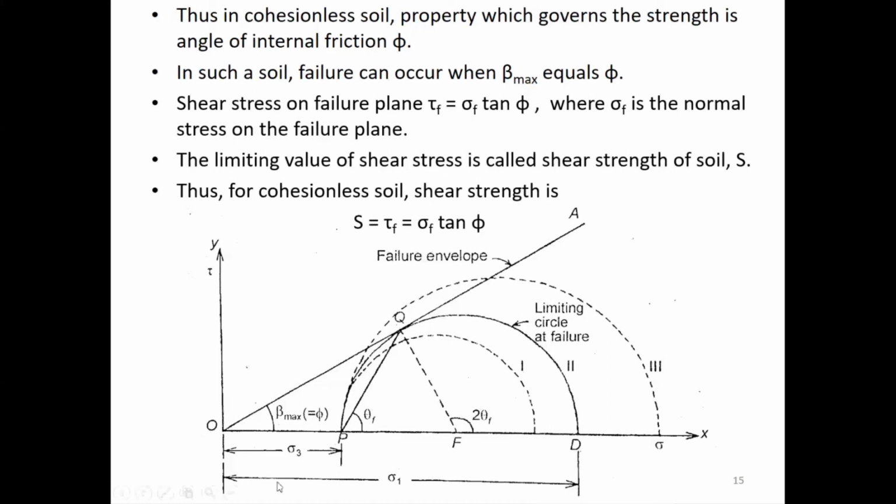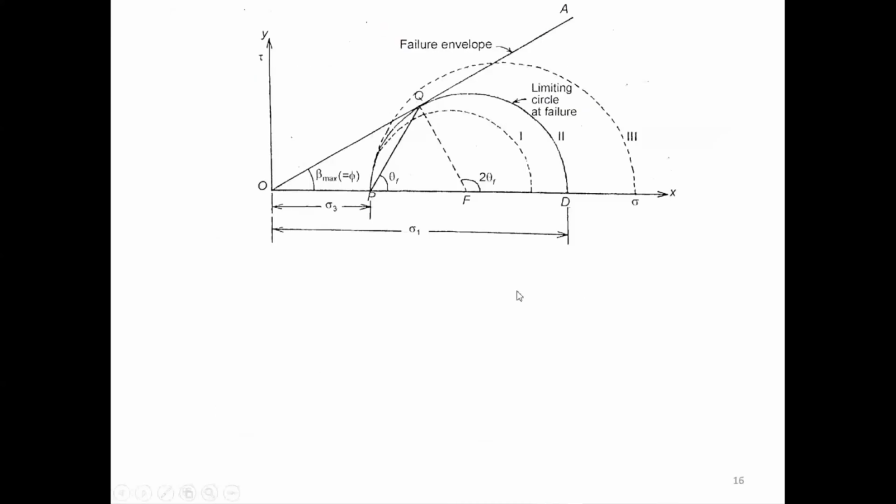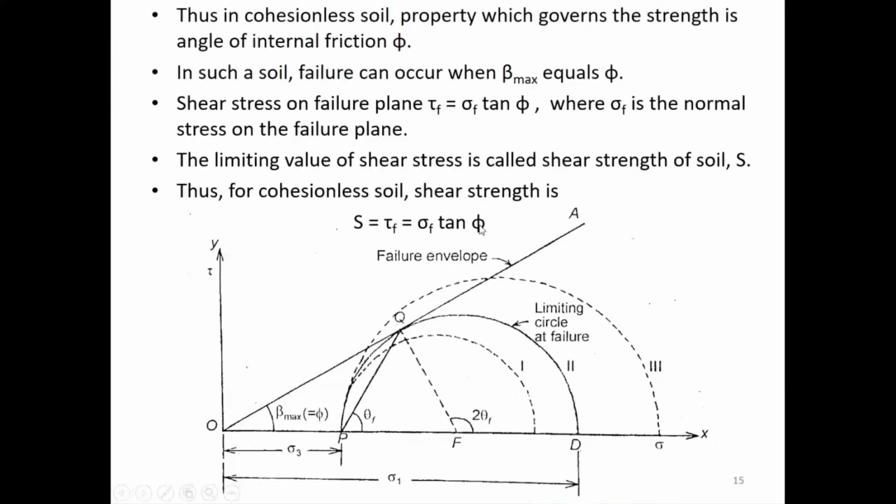Now if I increase my sigma f, suppose I increase the normal stress, what will happen? My coefficient of friction, or phi, the angle of internal friction of the soil, is not going to change. So my limiting shear stress is going to increase here. Correct? So for this sigma f, I will get this tau f. If I keep on increasing my normal stresses, this is the general trend it is going to follow.